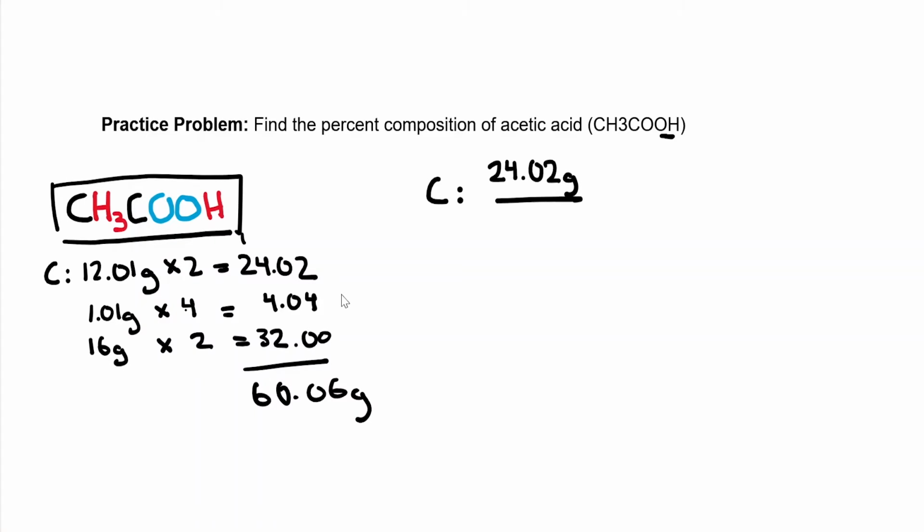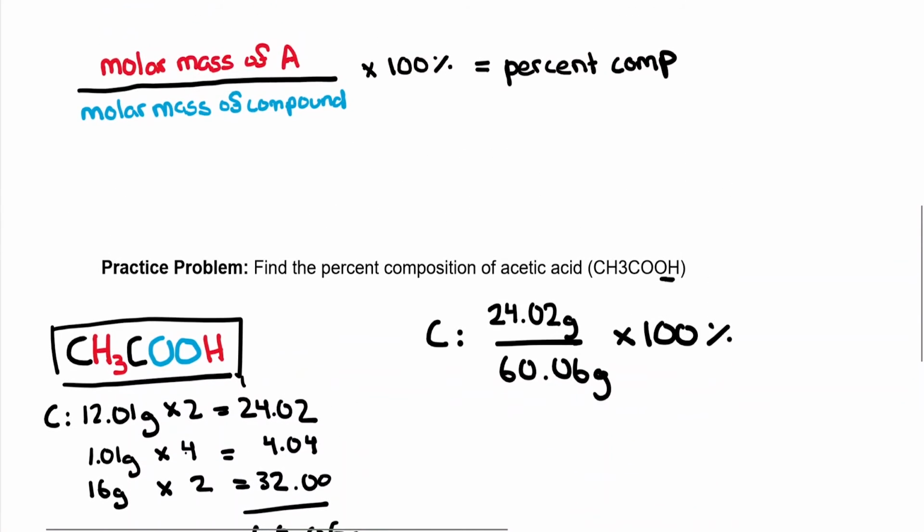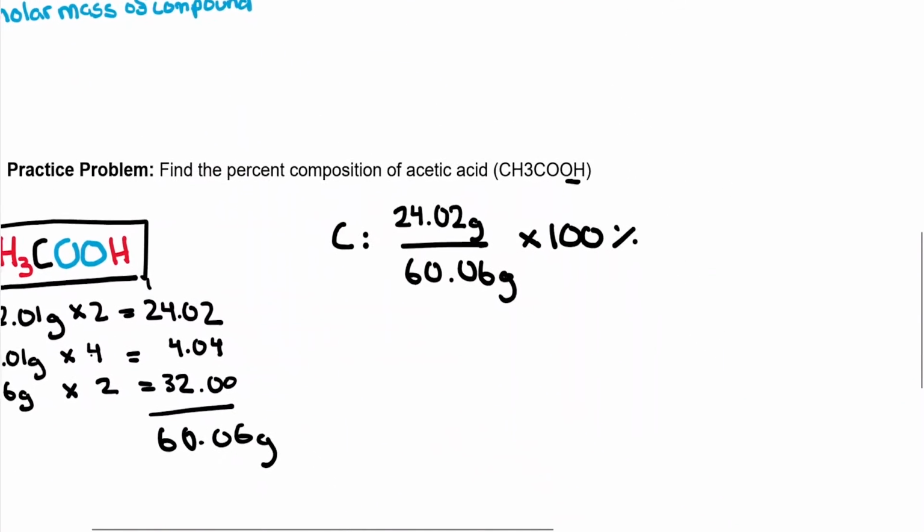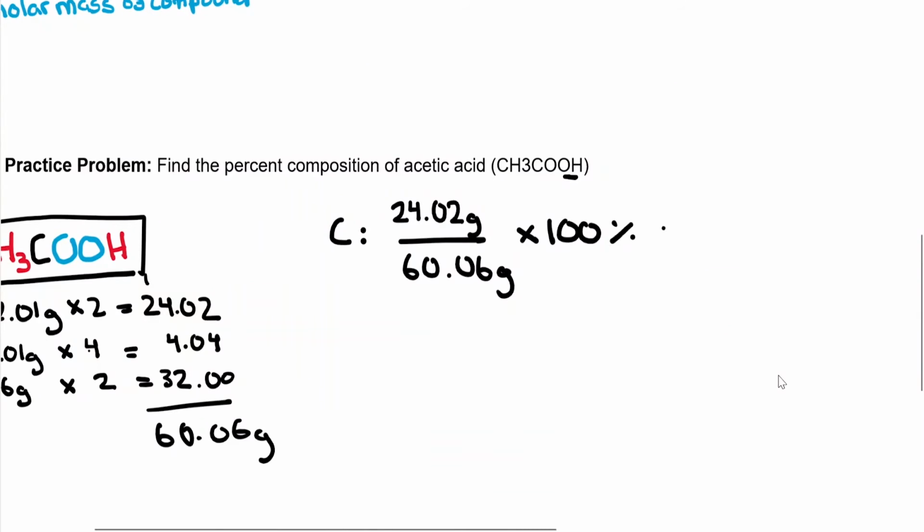We're going to divide that by about 60.06 grams, which is the overall molar mass, and multiply that by 100 to get percent. And this is similar to the quote-unquote formula we have over here. We'll do this in our calculator, and you should get a value of about 40%.